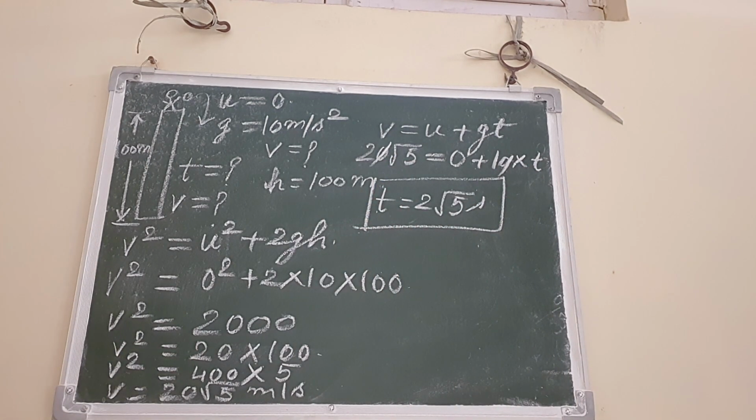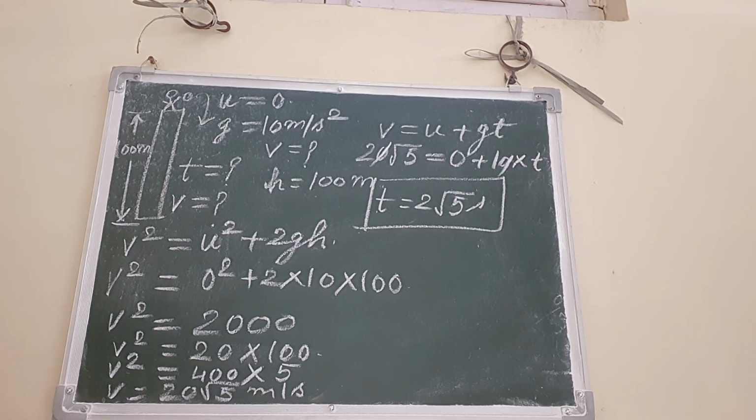So I think you all might have understood this question. So we are going to understand this question once more. There is a tower and a boy is standing on the top of the tower. The height of the tower is 100 meters. And he is holding a ball in his hand and dropping the ball from the top of the tower.